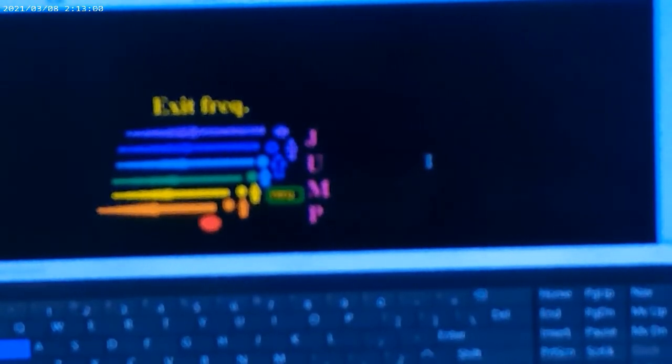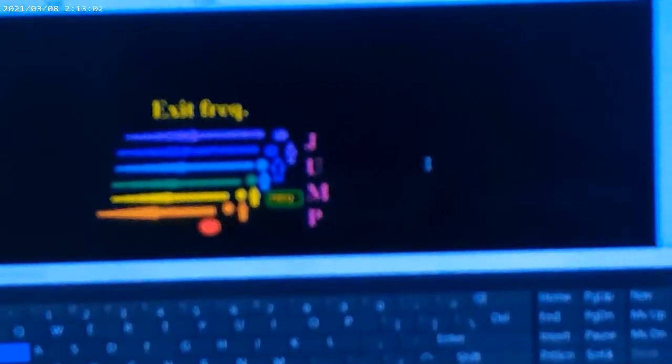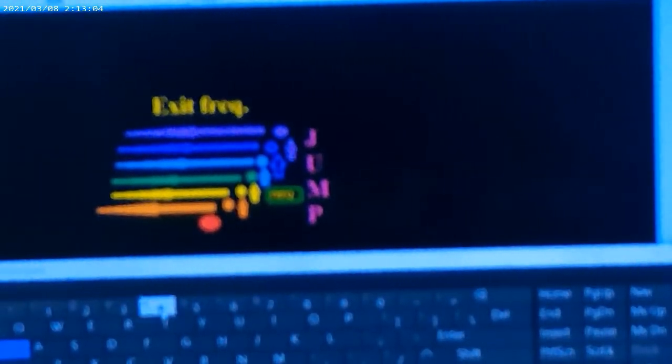Alright, how does that look? Jump frequency. I cannot read the frequency with that gigantic box, so we're going to undo that. We're going to do the frequency thing first. FREQ dot.